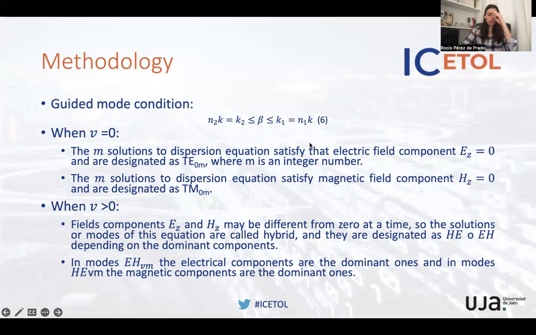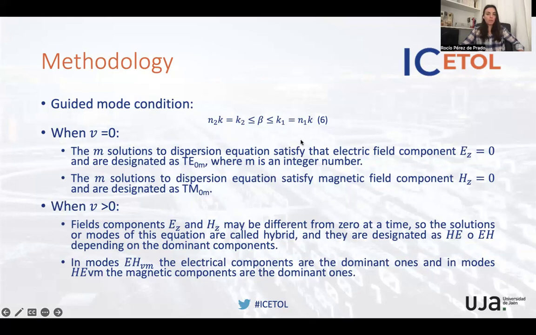We also have to bear in mind that propagation constants in an optical fiber, considering weak guidance conditions, are always bounded by two values: the refractive index in the core multiplied by the wave number, and the refractive index in the cladding multiplied by the wave number.